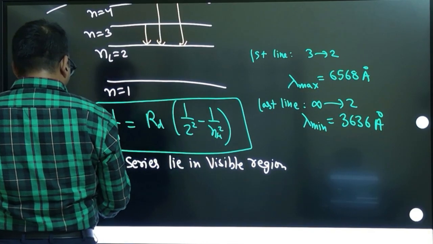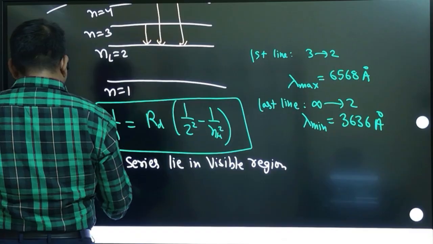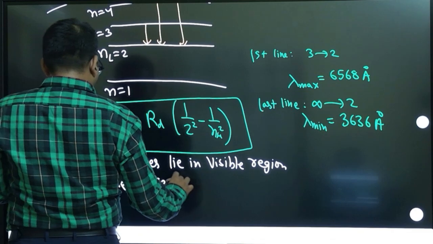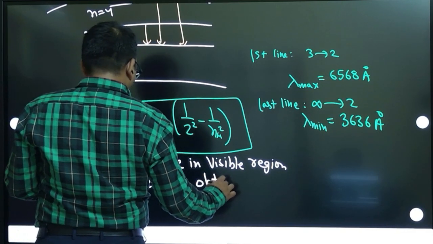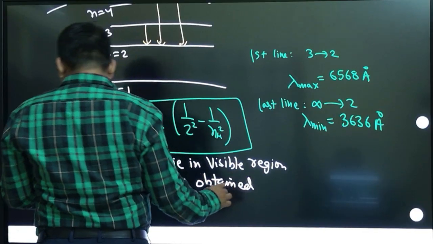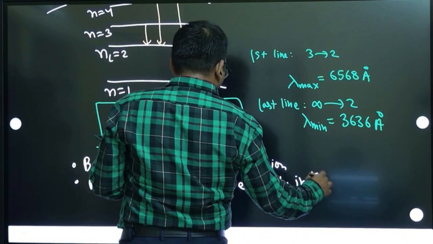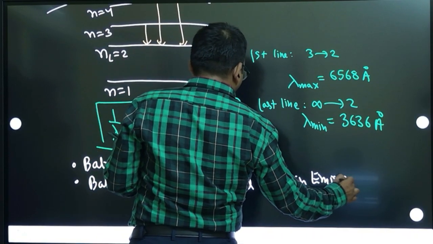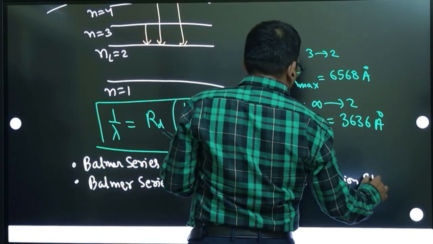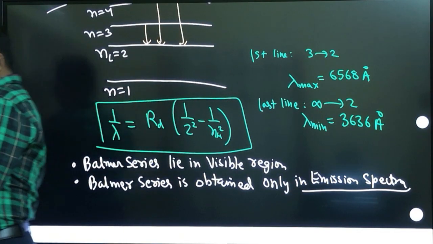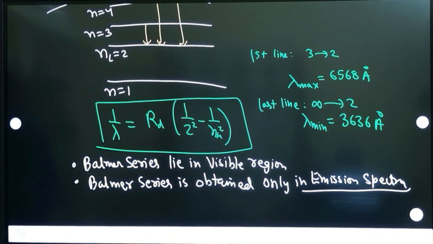And here note that Balmer series is obtained only in emission spectrum. It is not obtained in absorption spectra, it is only obtained in emission spectra.